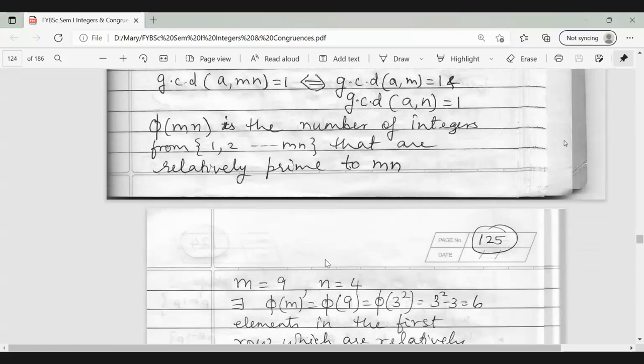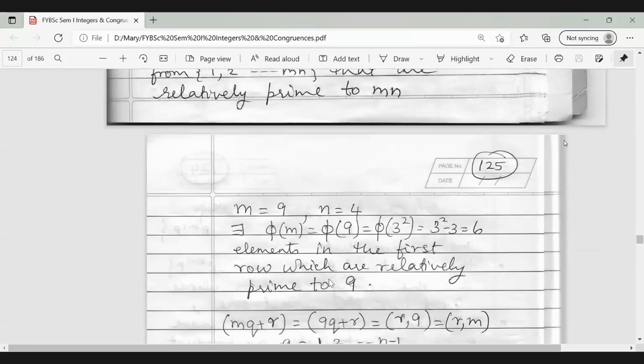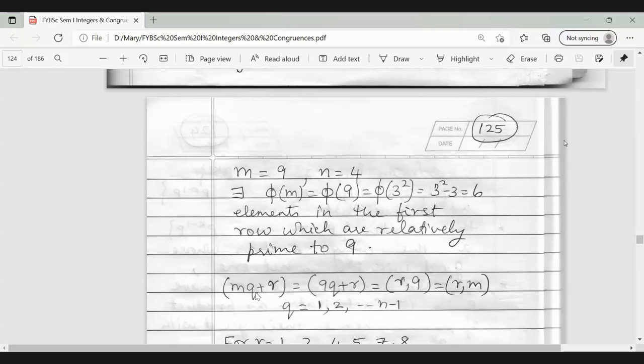Here m is 9, and there are 6 elements relatively prime to 9. The GCD of mq plus r with m is the same as the GCD of r with m.